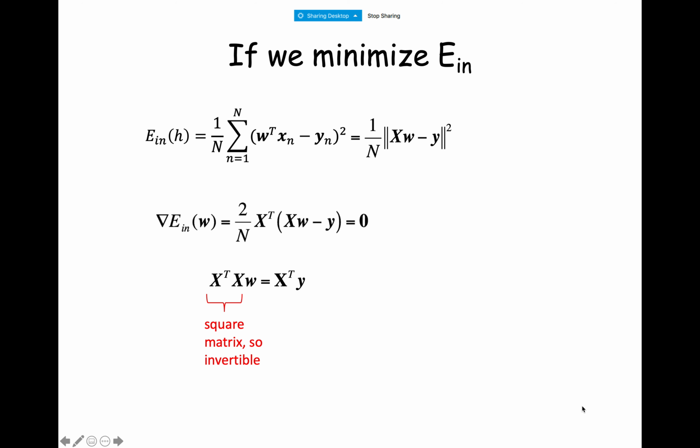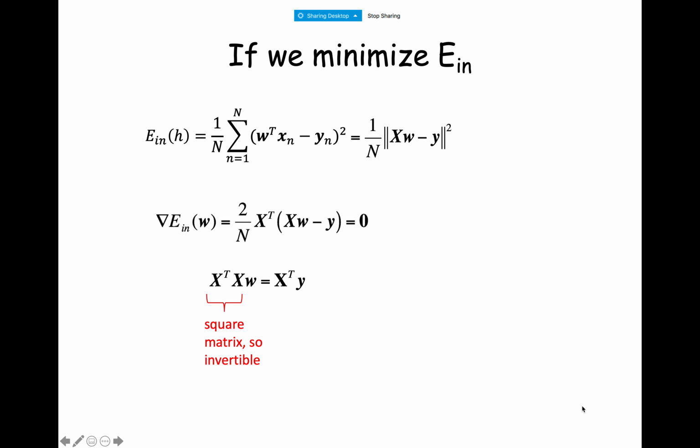So this all works out. And in this step, we make the observation that this X transpose X is a square matrix. Anytime you take a matrix transpose, you multiply it by itself, it's always square because of the way transpose works. Okay? So because it's square, we know it's invertible. A square matrix is always invertible.